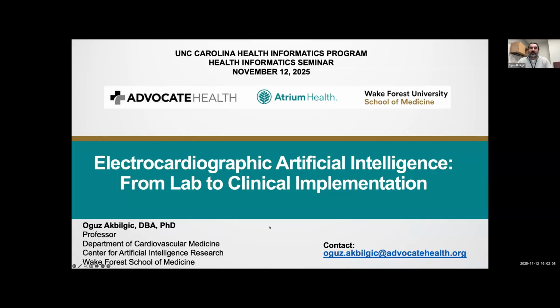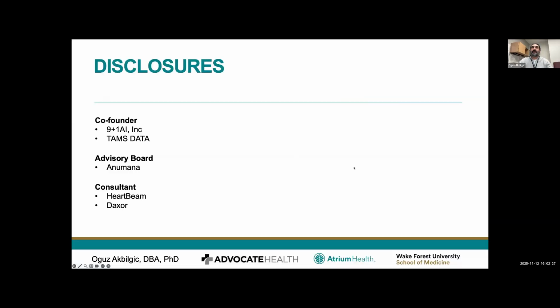I'm not going to go too deep into specific methodologic details of the model, but I want to focus more on the steps of taking it from model development on the computer to clinical implementation. And these are my disclosures.